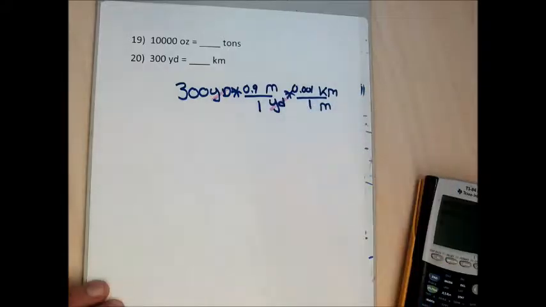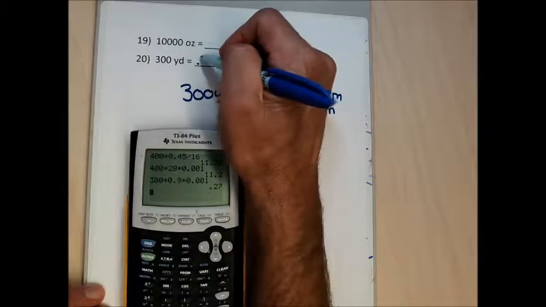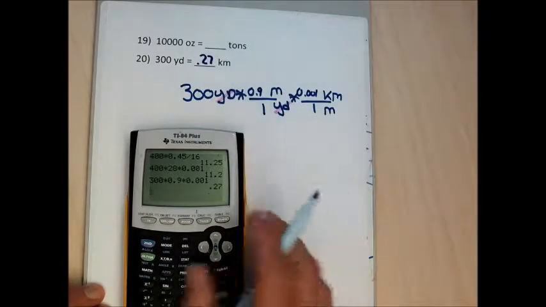Now I'm just going to do the math for number 20. I'll go 300 times 0.9 times 0.001, and for number 20 I'm going to get 0.27 kilometers.